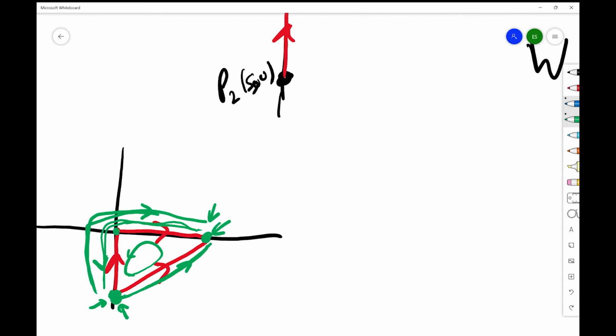Another way of stating the conservative field property is that it doesn't matter what your path is. If you start at the same point, P start, and you end up at the same point, the integral is going to be the same. So this is just a corollary, a lemma. This is another way of stating the conservative property.